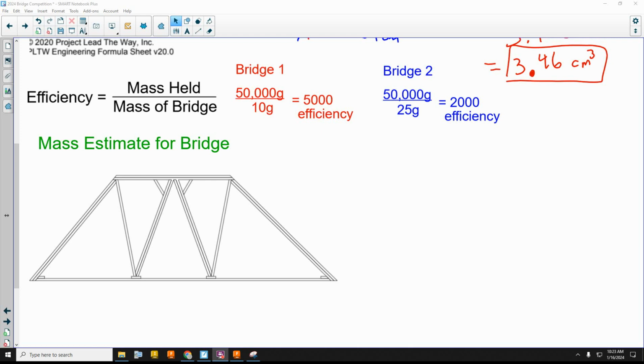Just a basic Warren truss. And what I'm worried about is just getting an estimate for the bridge. Now, the bridge is made up of 2 trusses and connecting pieces.